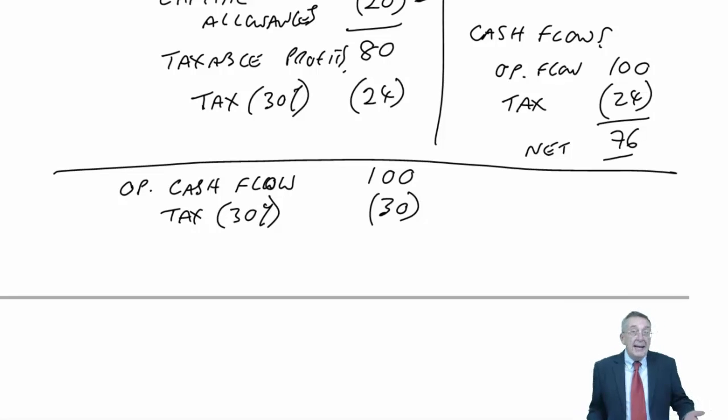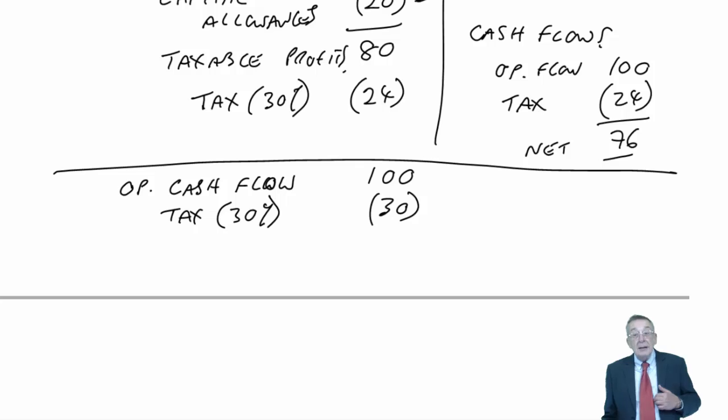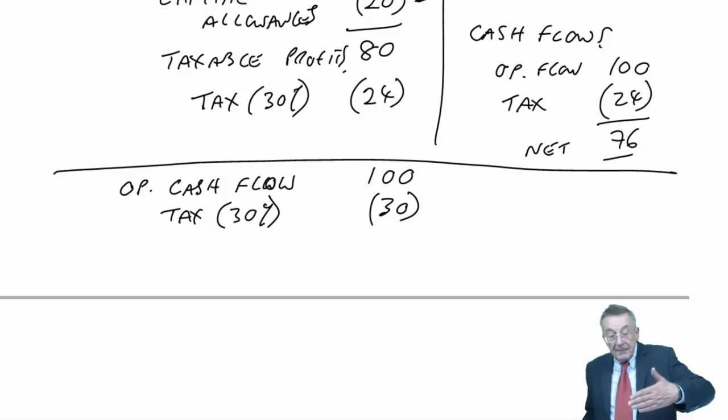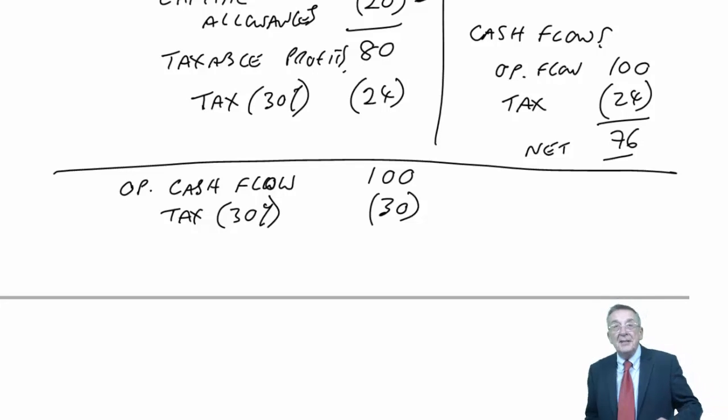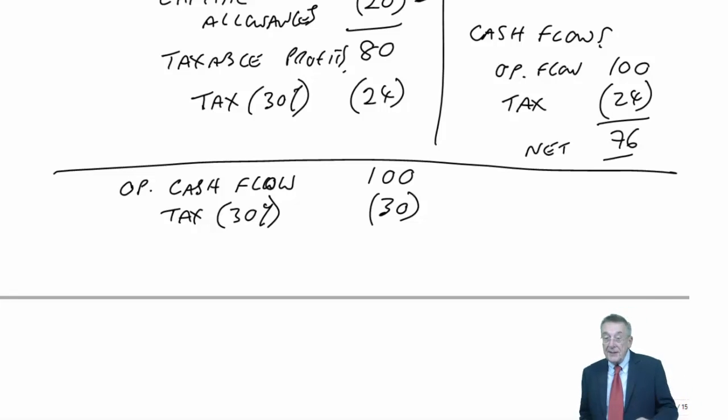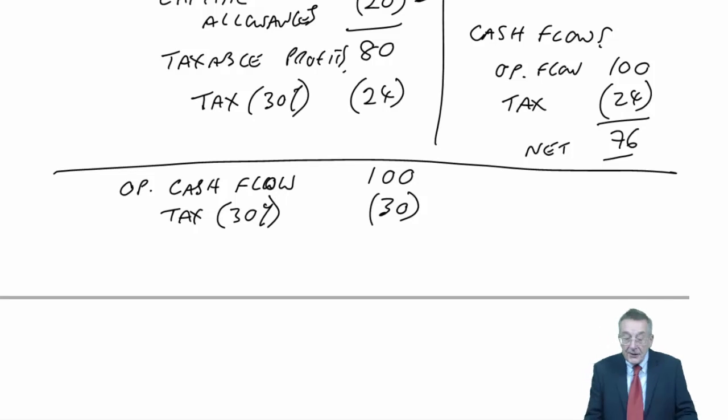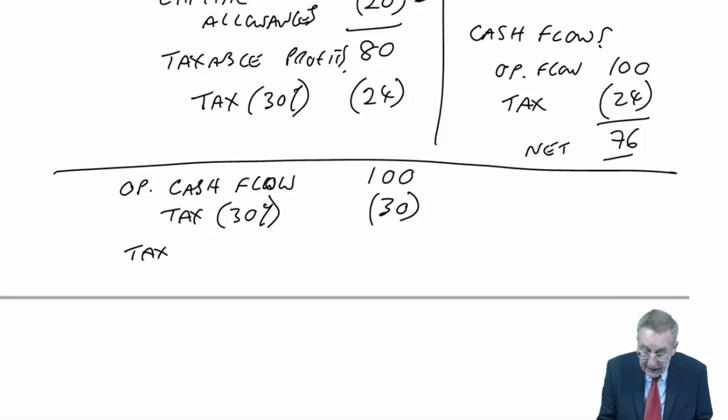However, we know we're not going to pay tax. Why not? Because they actually tax us on the taxable profit. And why is it going to be lower? We're going to save tax on the capital allowances. And so tax saving on capital allowances.